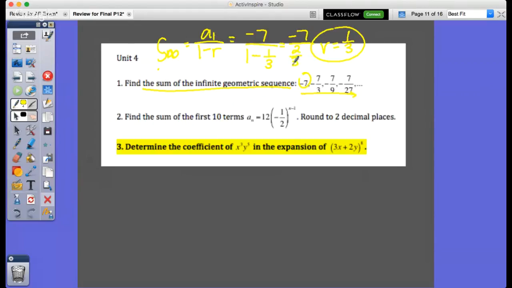That's good. And any thoughts again on how we can simplify that? Good, yeah. So we got -7 multiplied by the reciprocal, which is 3/2. And that would produce what here? Good, -21/2. That'd be our sum.